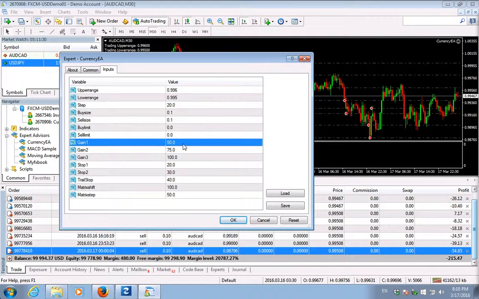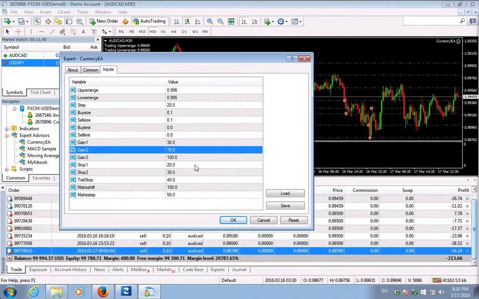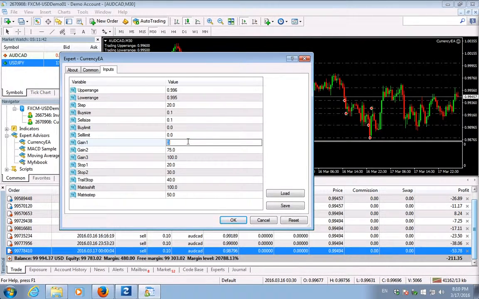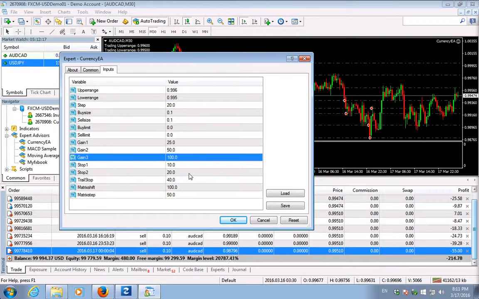We have 50 pip right now, so by making it tight, I mean I want to do 30 pip to trigger the first stop, and maybe even let's make it 25, and get 10 pip profit on the first thing, then go down to 50, and on 50 we'll take 20 pip, and then 100 is 40. I think that looks fine. So 25, 50, and then 140 in here.